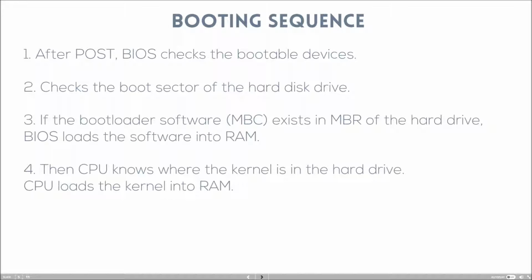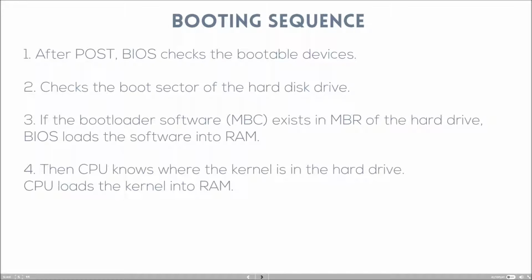BIOS looks for the bootloader to start the booting sequence. All hard drives consist of sectors, and the first sector holds the master boot record, which is the first 512 bytes. It is a small memory and it holds the bootloader software, which is the master boot code.